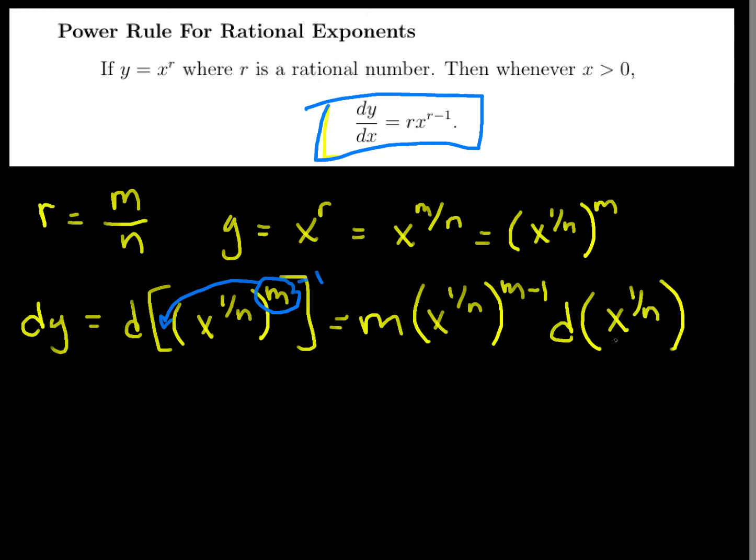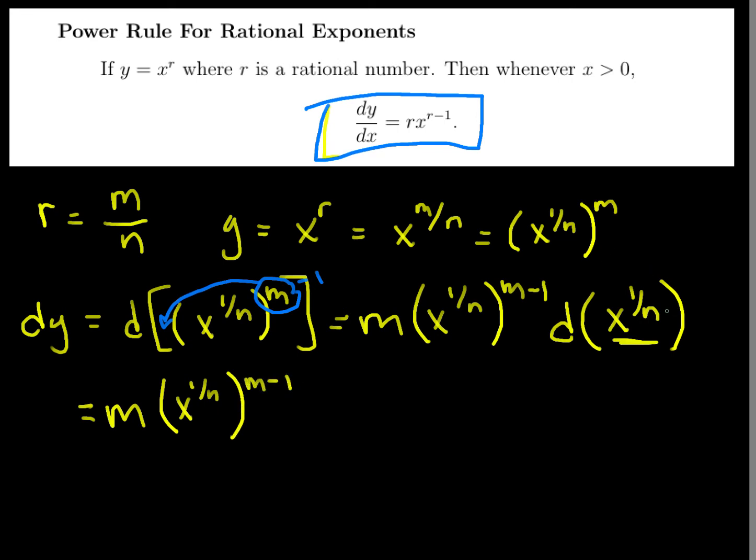Now this is the derivative that we just proved in the last theorem. So this is equal to m times x to the 1 over n, all raised to the m minus 1.